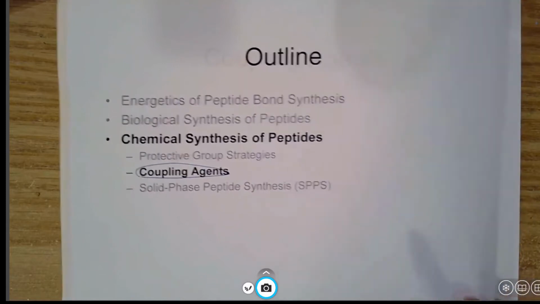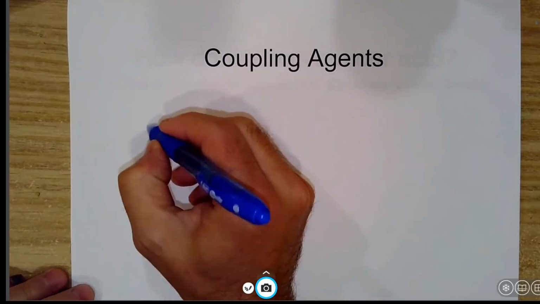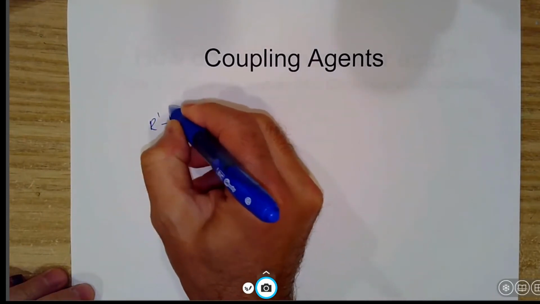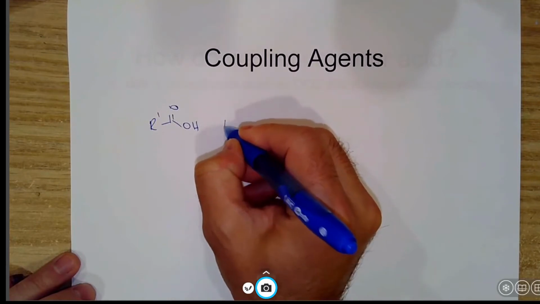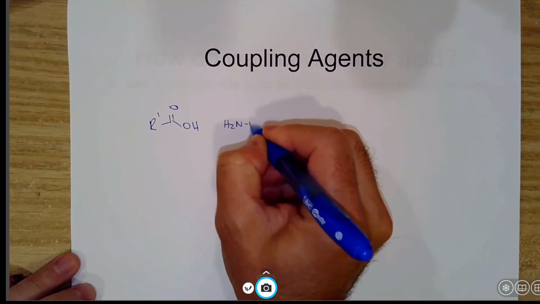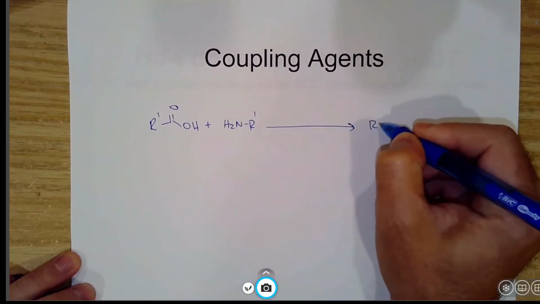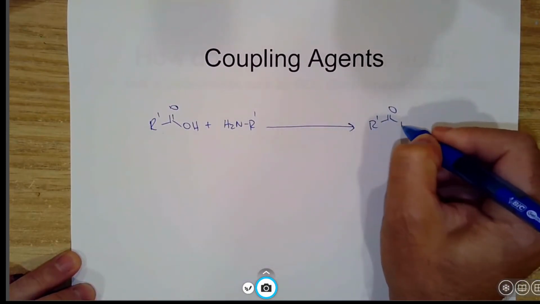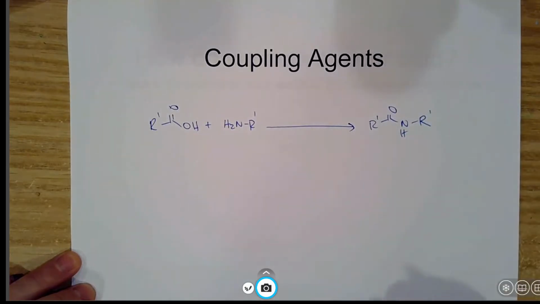Okay, so what is a coupling agent? What do we mean when a researcher says, oh, I need to use a coupling agent for peptide synthesis? A coupling agent really is a compound that will bring together, at least in our case, a carboxylic acid and an amine to form that desired peptide or amide bond that we've been talking about. So here's your amide bond.